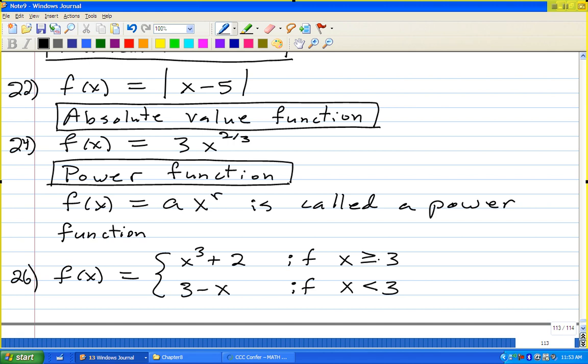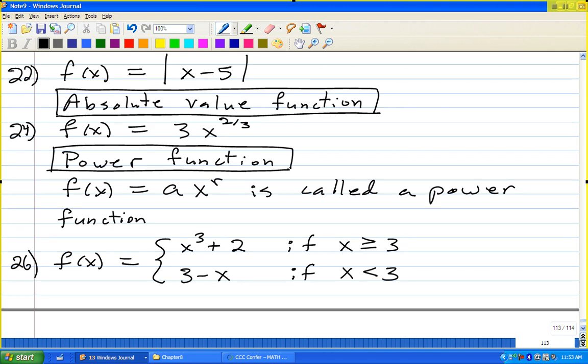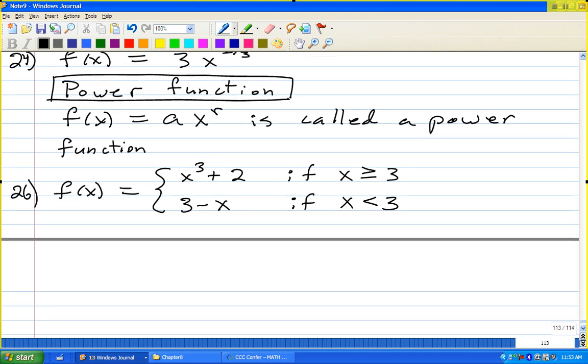Okay, so in this case, what I notice is that this function actually has two different rules. It has a rule for one part of its domain, and it has a rule for another part of its domain. And so there's some restriction on what the rule is depending on the differing values of your independent variable. And so we call this a piecewise defined function.